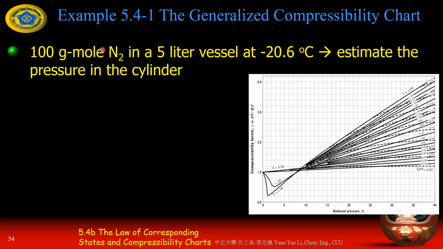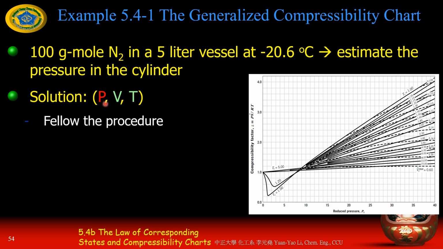Or you can use the generalized compressibility chart to get the answer, which is much faster than doing the calculation using equations, right? Okay, so I give you the volume, I give you the temperature, and I want you to find out the pressure.